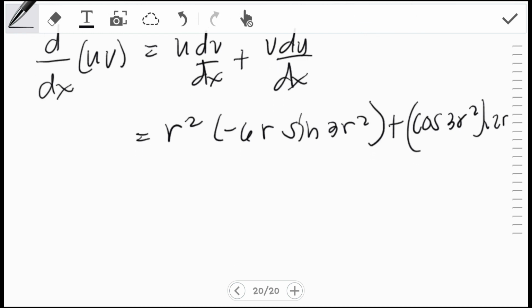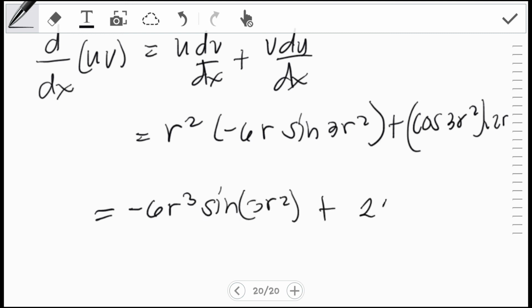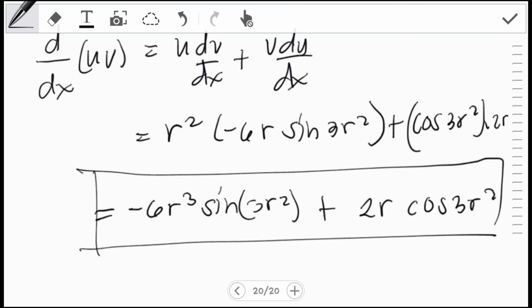So that is equal to negative 6r cubed sine 3r squared plus 2r cosine 3r squared. So this is the final answer.